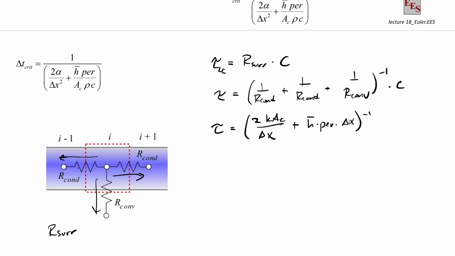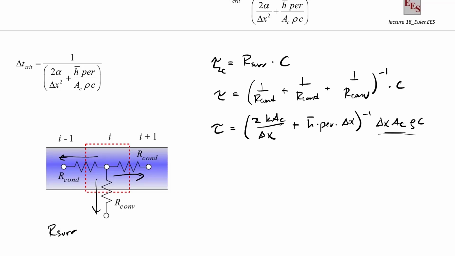And then what's our heat capacity? It's delta x times A_c, that's the volume, times rho times the specific heat. Okay, so now we rearrange this a little bit. What we're going to do is divide through by this.